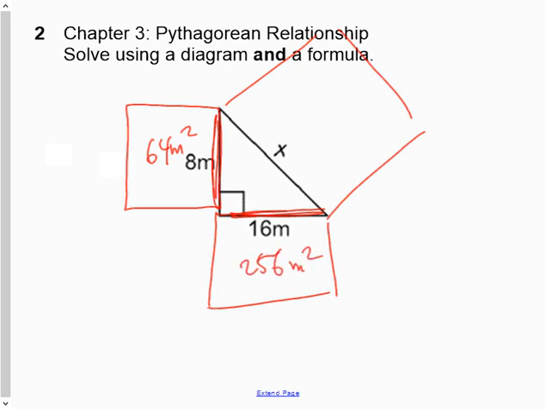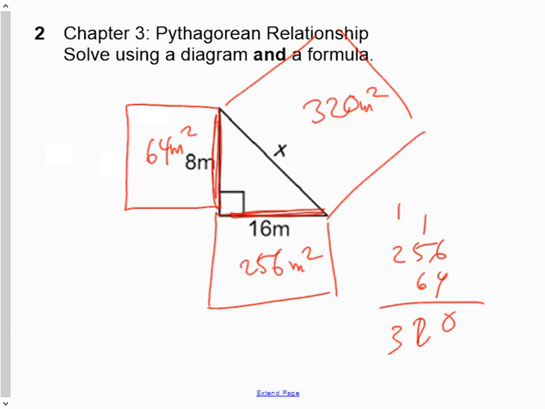And if I add those two together, 256 plus 64, you get 12, because I had to carry my 1, and 3, you get 320. So that means that this square here is 320 meters squared. Now, what did we learn if we know the area of the square is a certain number? We know that the side length will be the square root of 320. So x is equal to the square root of 320.